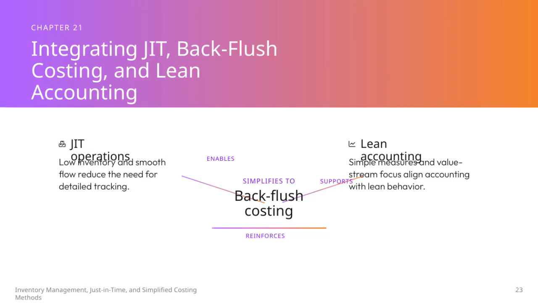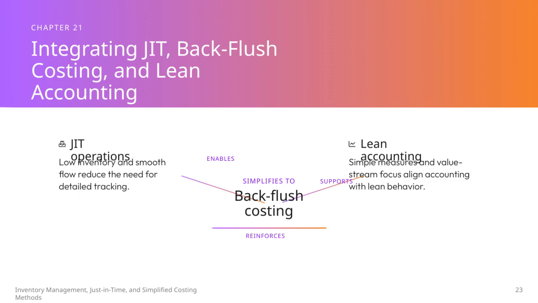This slide highlights the important connections between just-in-time operations, backflush costing, and lean accounting. JIT operations enable a low inventory environment and promote a smooth flow of materials, which reduces the need for detailed tracking of inventory. This simplification supports the use of backflush costing, where costs are assigned to products only after production is complete, cutting down on complex record keeping.